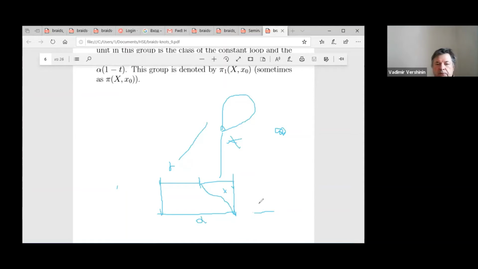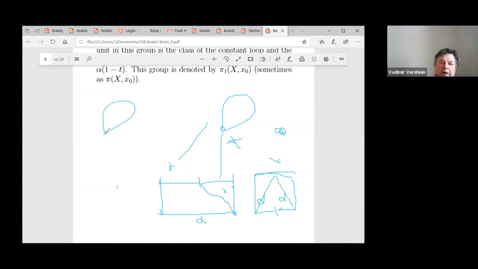Say, if you have alpha in this direction and you have alpha in this direction, then you should make the following construction, something like this, right? Then here you will have constant.